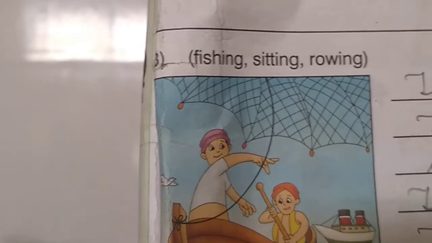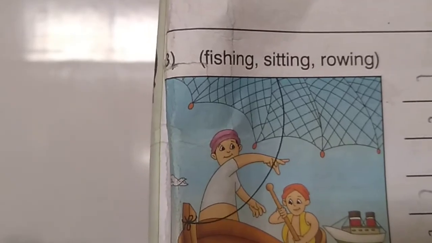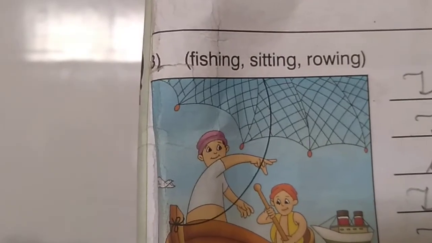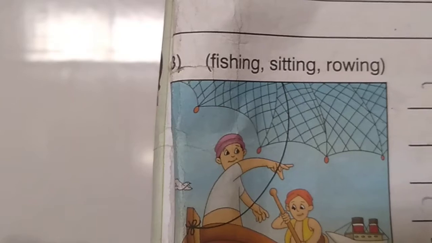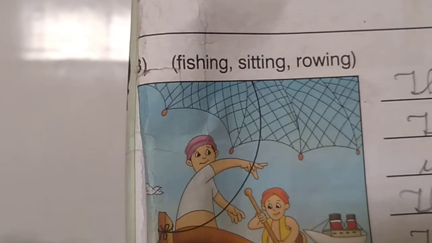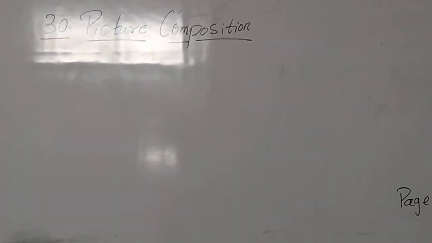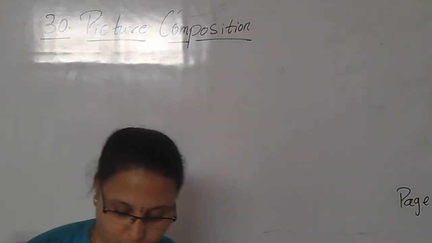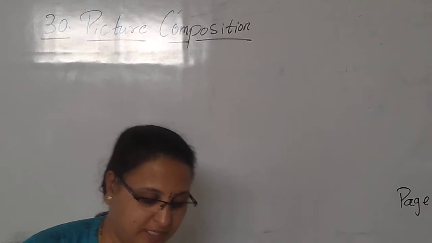sentences. So let us start, children, to write the sentences, seeing the pictures and using the words given in the bracket. First picture. What are the words, children, in the first picture?